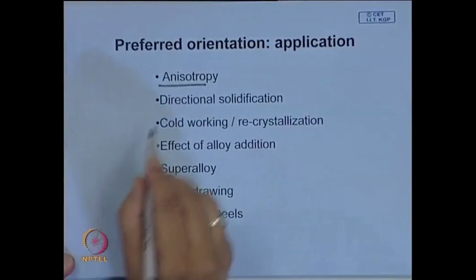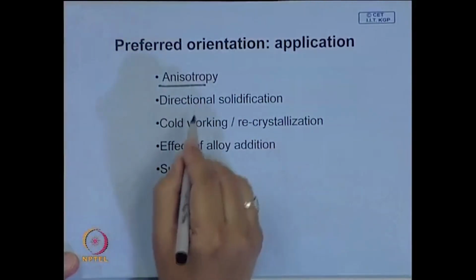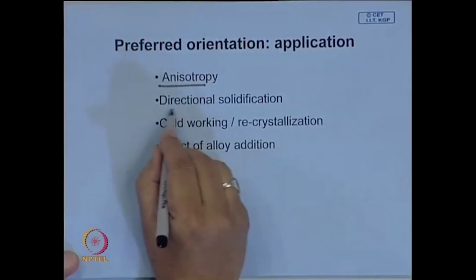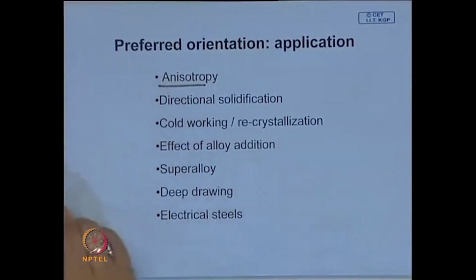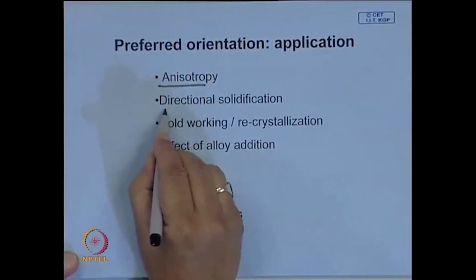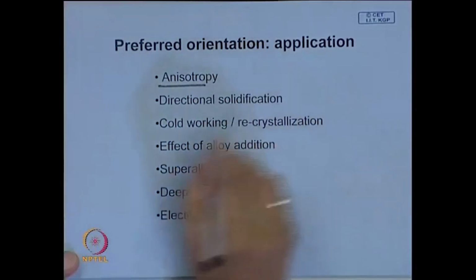We will also look at how you get this kind of preferred orientation. One way is the process of directional solidification. In the solidification process, the crystals grow preferentially along a particular direction.